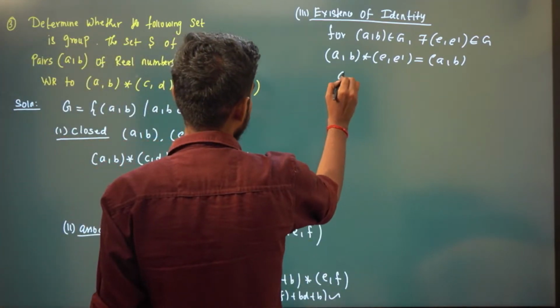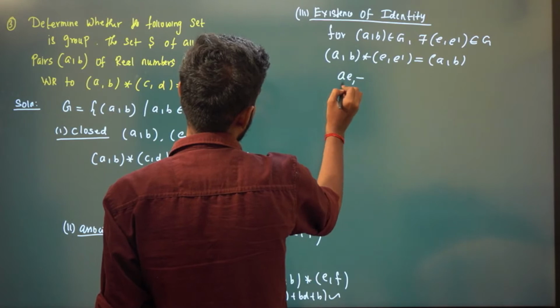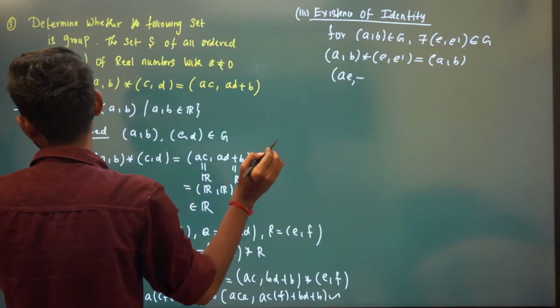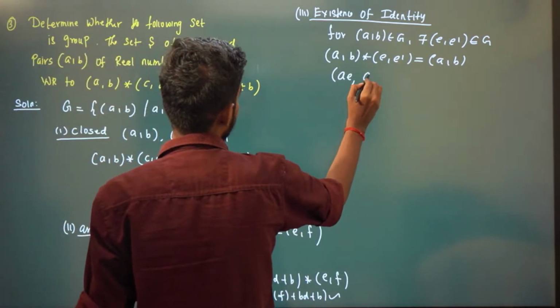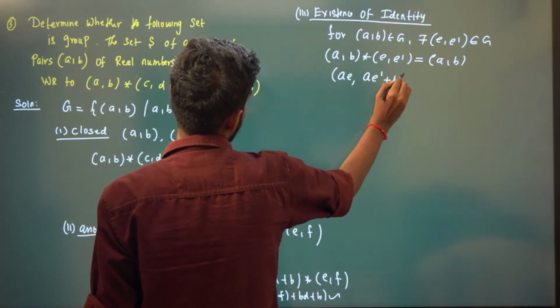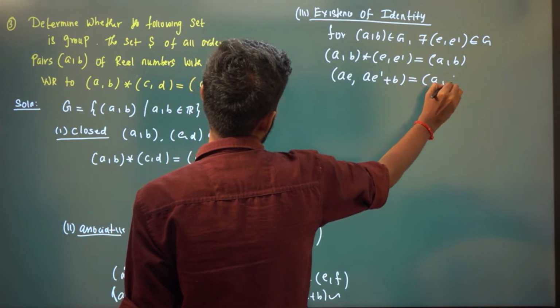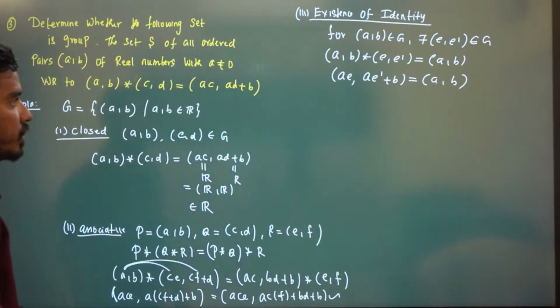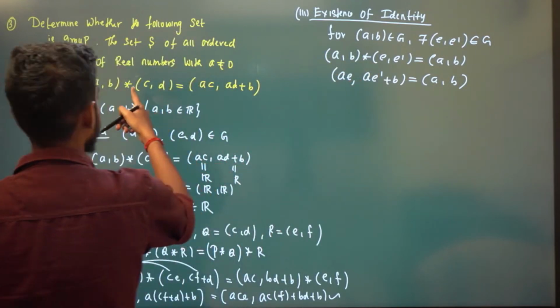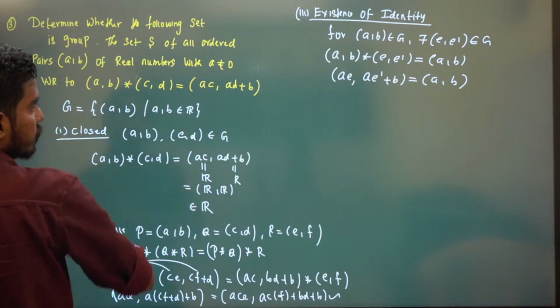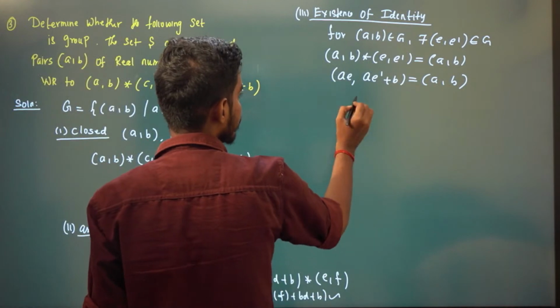So what about this: (AE, AE dash plus B) is equal to (A, B)? So these two ordered pairs are equal.